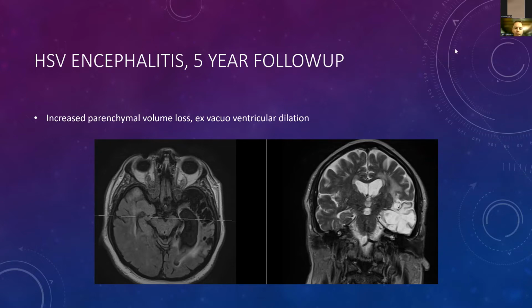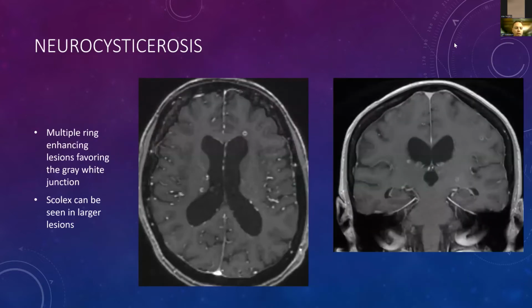So this is HSV, one of the bigger acute infectious causes of seizures. Another one, more common in tropical areas and warmer latitudes than Cleveland, shows multiple ring enhancing lesions tending to favor the gray-white junction. You see how these tend to be clustered right around that border between the gray matter and the white matter, so these almost have a Cheerio type appearance.